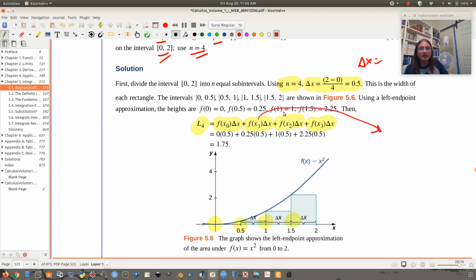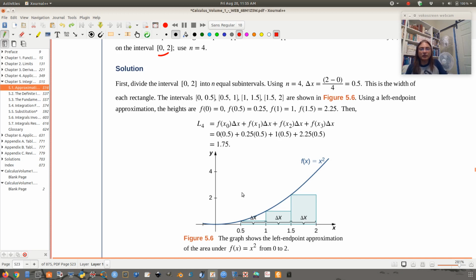So we're doing the left hand: f of 0, f of 0.5, f of 1, and f of 1.5. These are the 4 values of the function we get. You multiply each one with delta x. So this is the left-hand approximation of the area. Just plug in the values and you get 1.75.